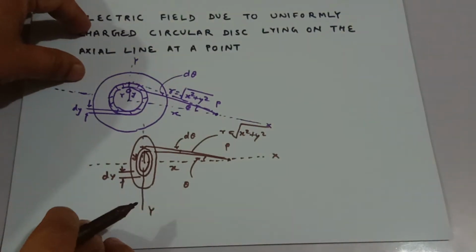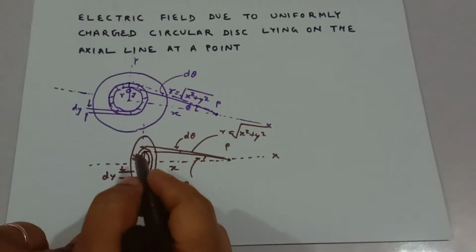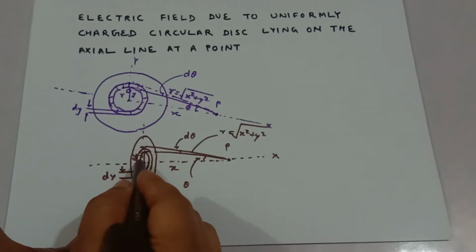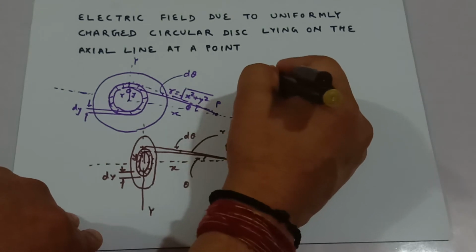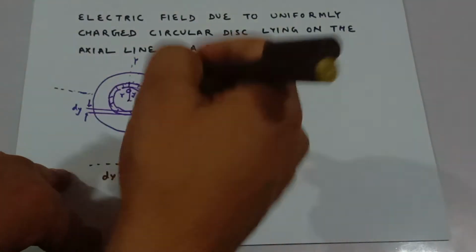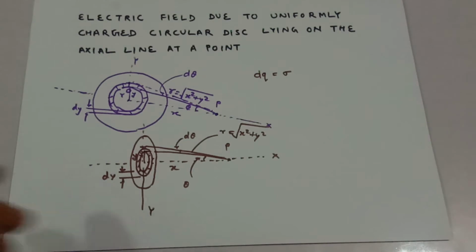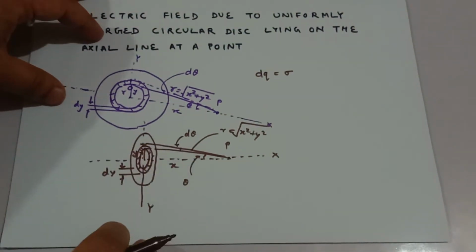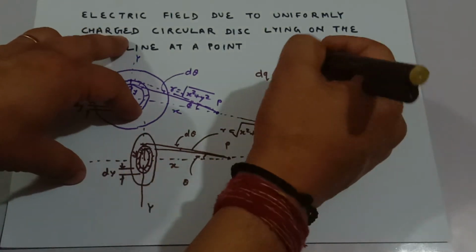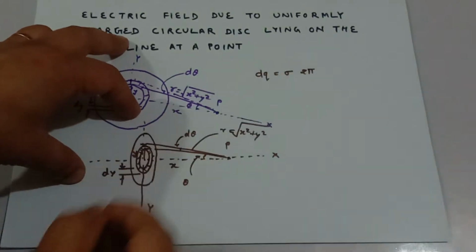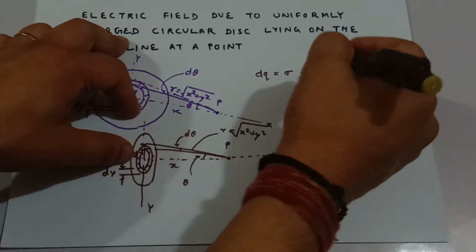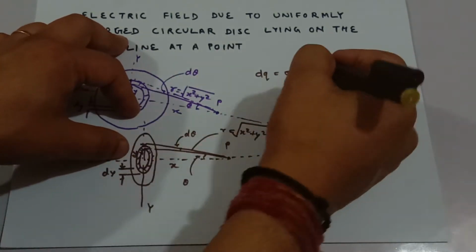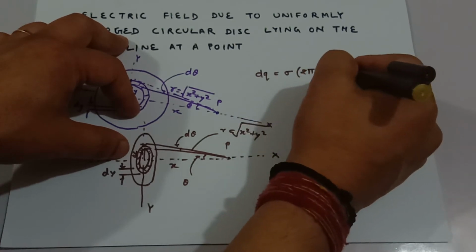So our first task is to find what is the charge at this particular circular strip, that you need to know. And suppose this charge is dq, and that should be your surface charge density, which is sigma, into the area of this particular ring, and the area of this particular ring would be 2 pi into this small radius, which is y, and its thickness, which is dy.